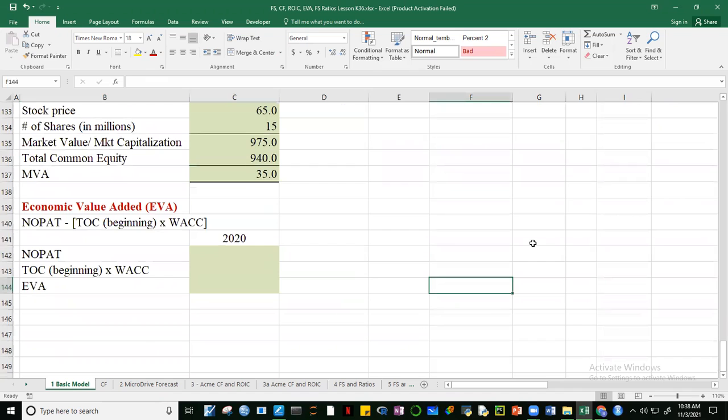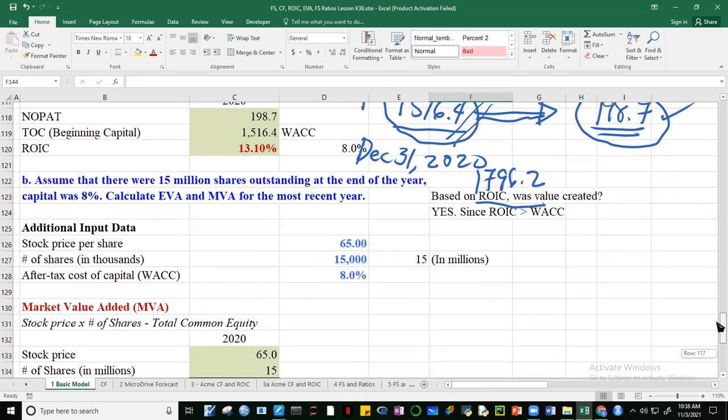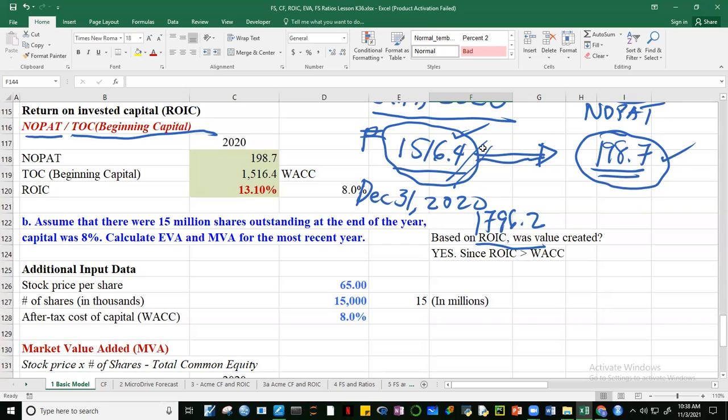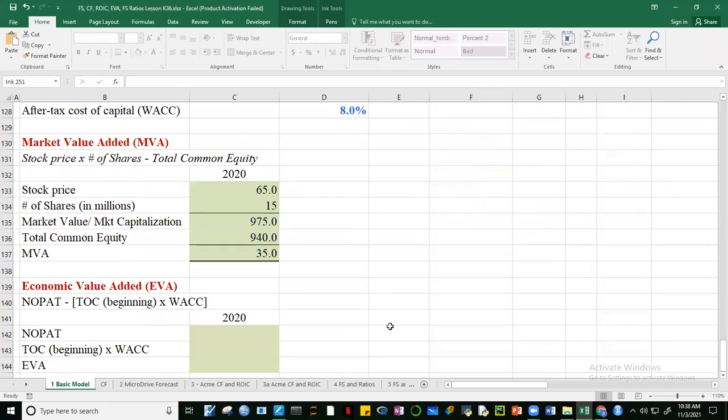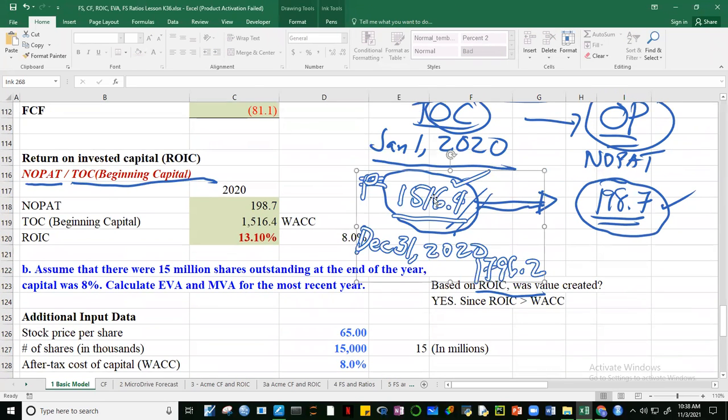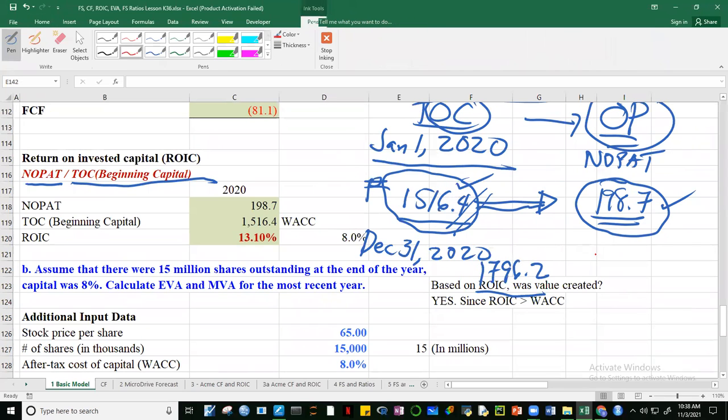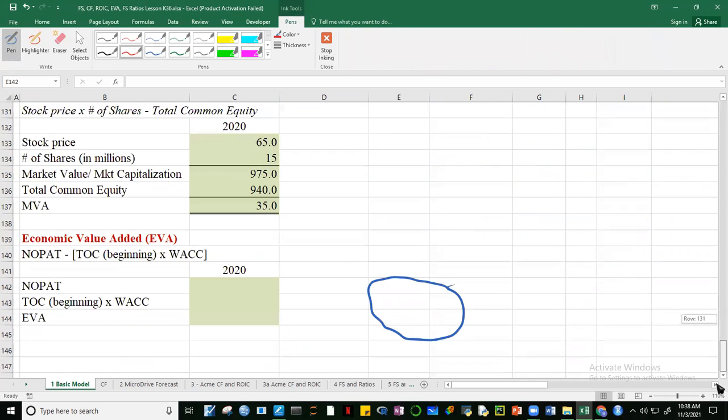Now the story here is that in the beginning of the year, management was provided this amount. Let me see if I can copy this. 1516.4.